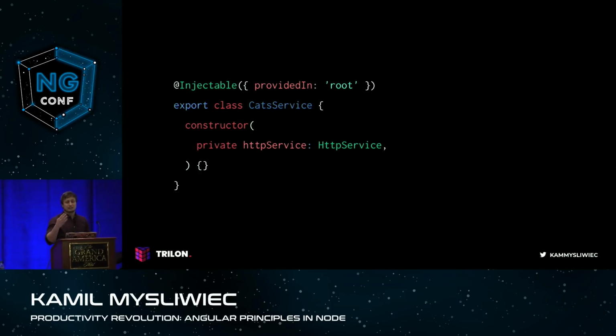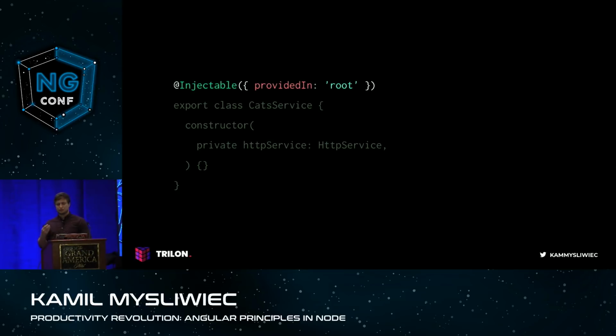So this is a typical Angular provider. It's a cat service with the Injectable decorator on top of it. An HTTP service is a required dependency that should eventually be injected through the constructor. Since Angular 6, I believe, we can register providers using the providedIn attribute. These providers are tree-shakeable, which enables dead code elimination and leads to a smaller bundle.